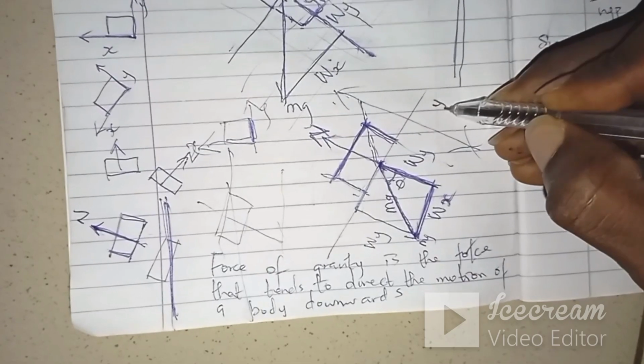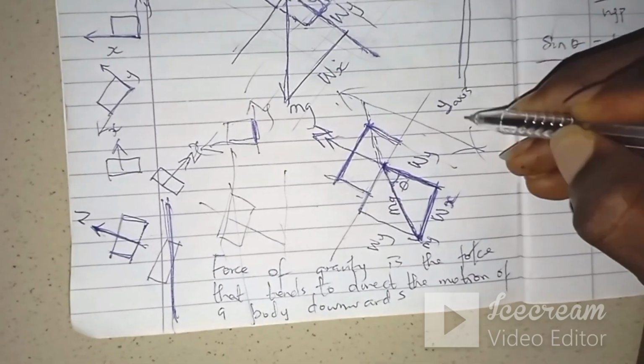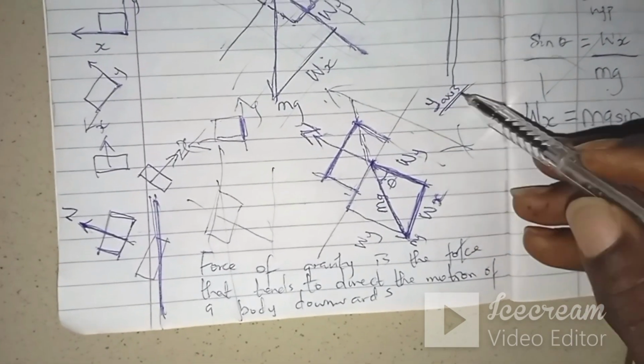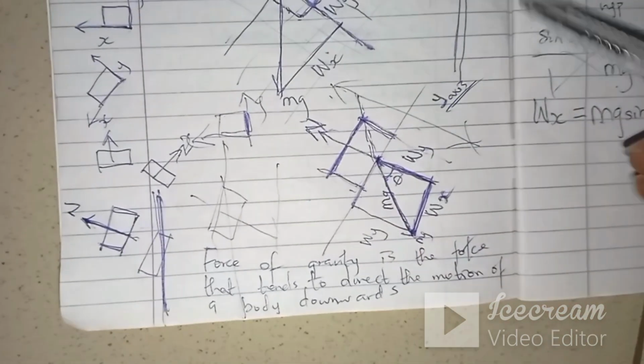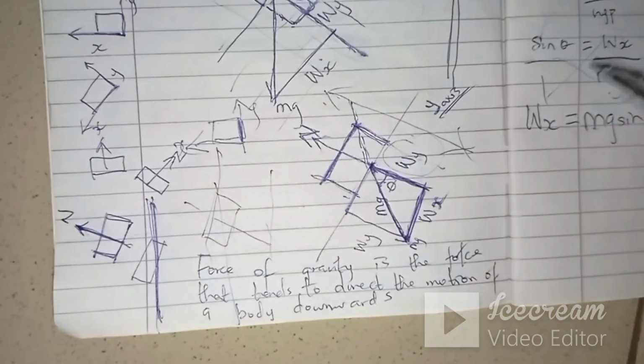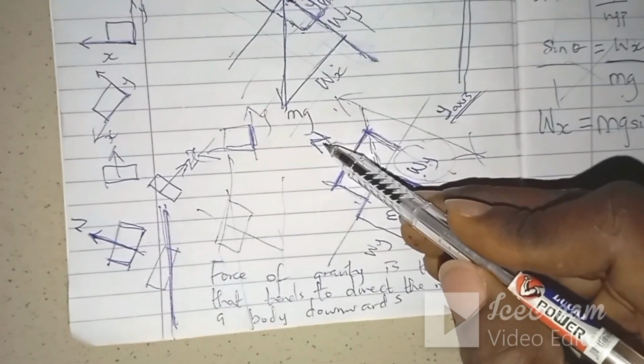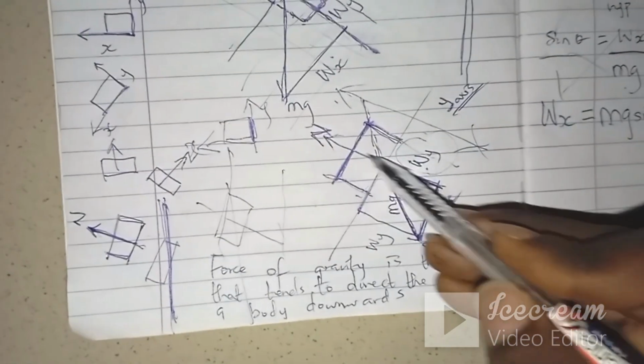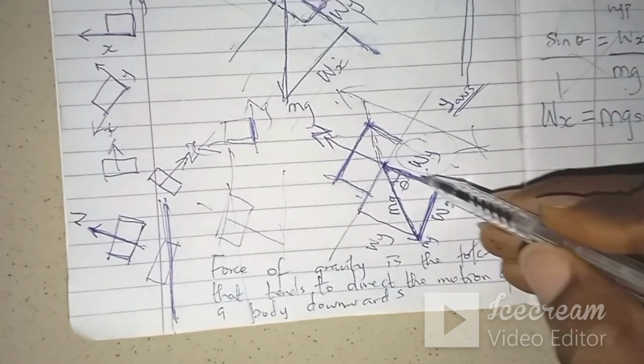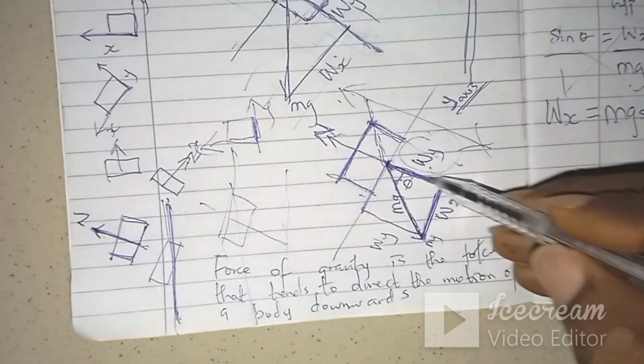So the forces acting on the y-axis are simply this Wy, the weight on the y-axis, and this normal reaction. This one is going upwards, then this one is acting downwards.